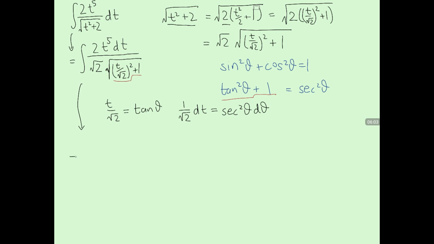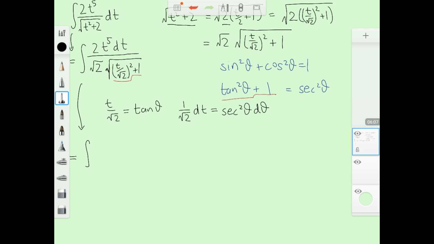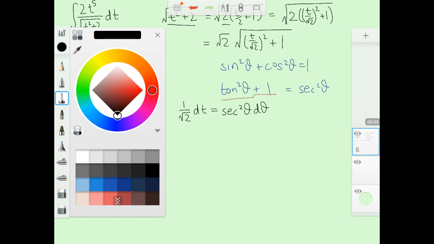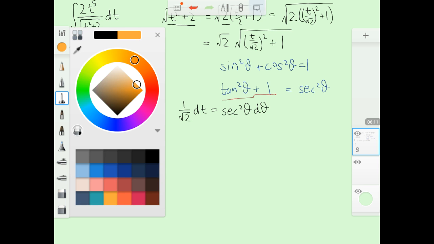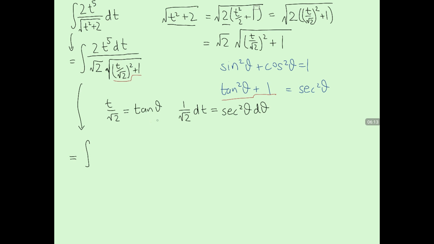So let's go on ahead and do that. Let's use a different color here, this orangey yellow. So we have this 1 over root 2 dt, right over here. And that can be replaced by secant squared theta d theta.